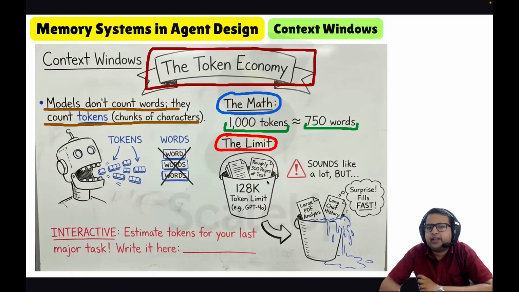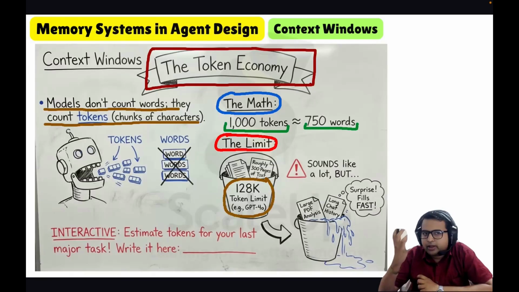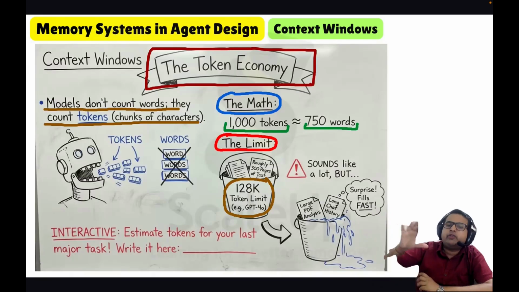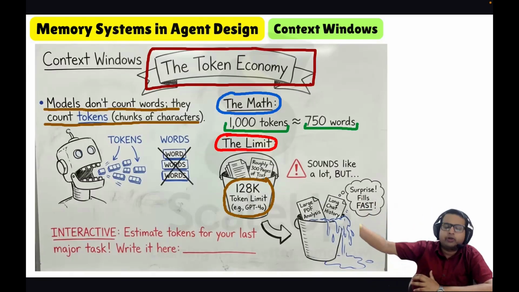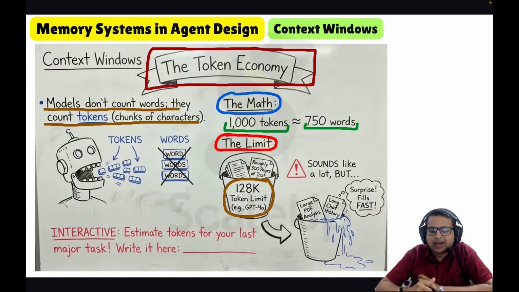If we take this bucket, it is like a context window. With a 128K token limit, in the context window we can only add 128K tokens. If we try to add more, it will start overflowing. If a large language model has a 128K token limit, like GPT-4, it can process roughly 300 pages of text.